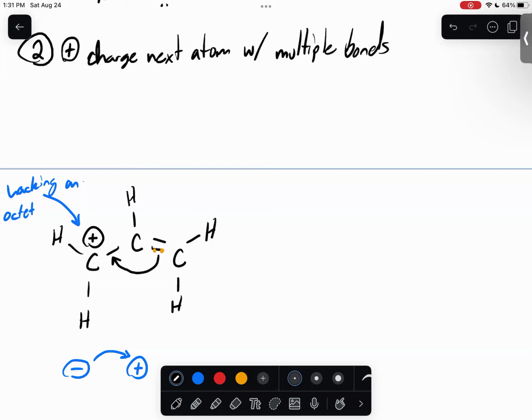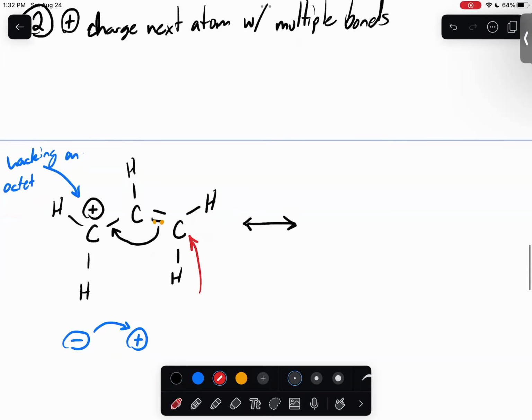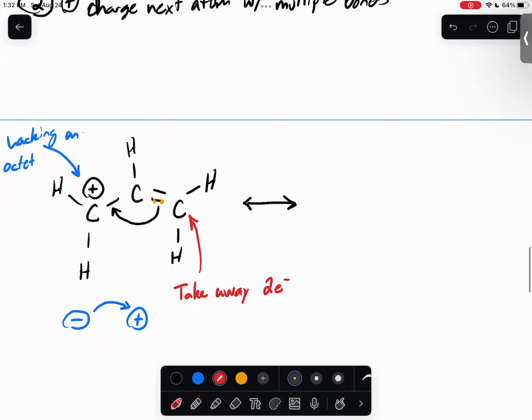But what you'll notice is as it does so, taking away two electrons from this carbon is going to take away its octet. So we're going to take away two electrons, and then we're going to lose the octet. Now, normally this isn't a good idea, right? Because missing an octet is bad.